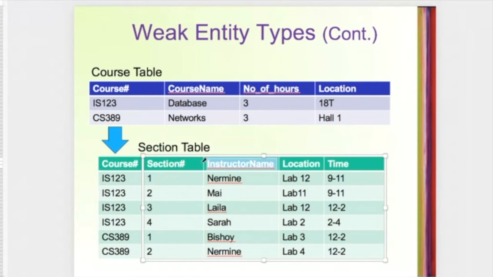Then this section table will have two foreign keys: one, course number; second, instructor name. Similarly, if you have a separate table for the location, then we will also link this column to that table. Then it will have three foreign keys.